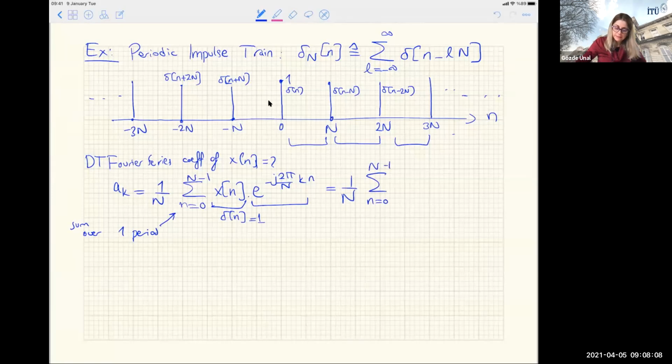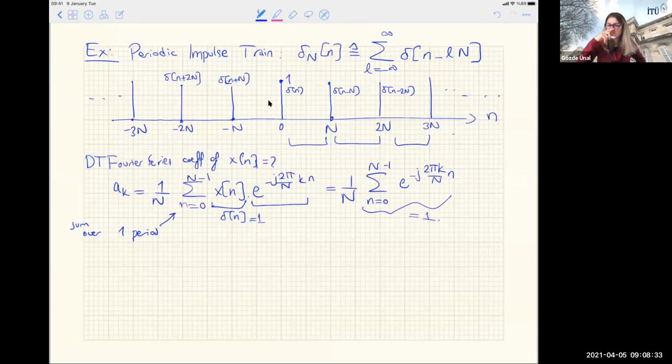Okay, delta n is 1, which is e to the minus j 2 pi k n over n. Remember, we know this guy was equal to 1. We've looked at these basis functions.